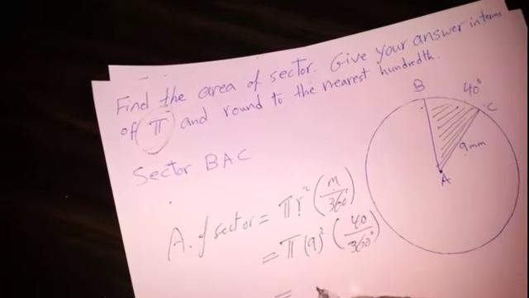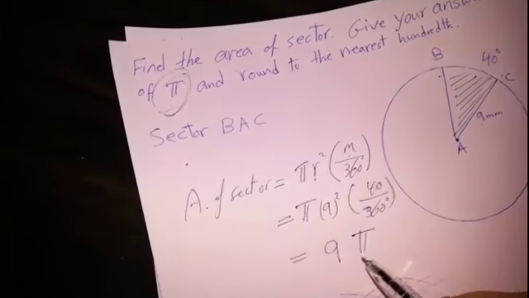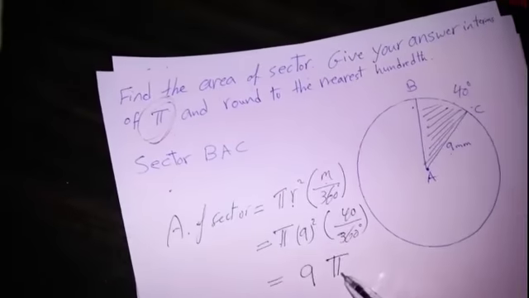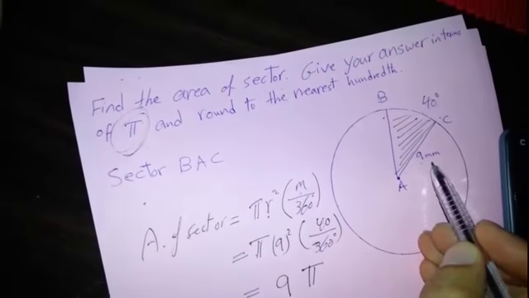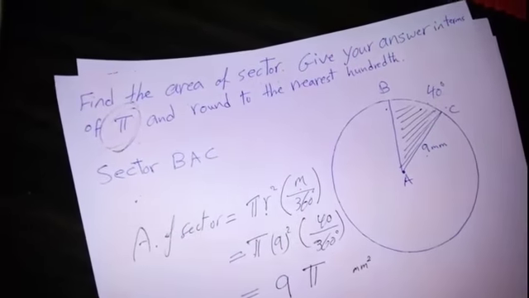Equals 9. What about this pi? We keep pi the same because the question said in terms of pi. So this is 9 pi. What would the unit be? Millimeter, so the answer is in millimeter to the power 2.